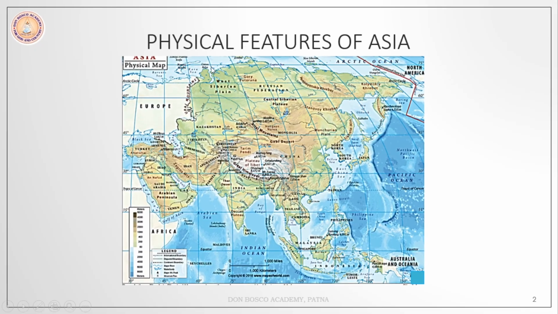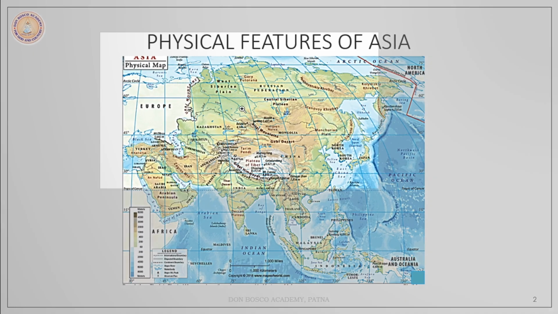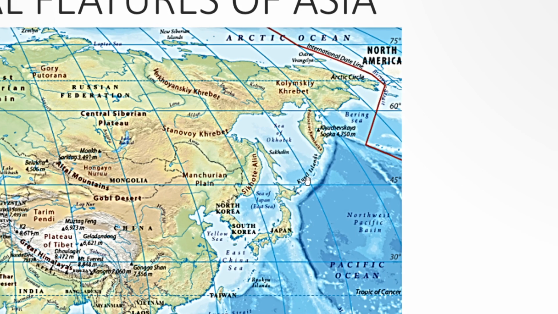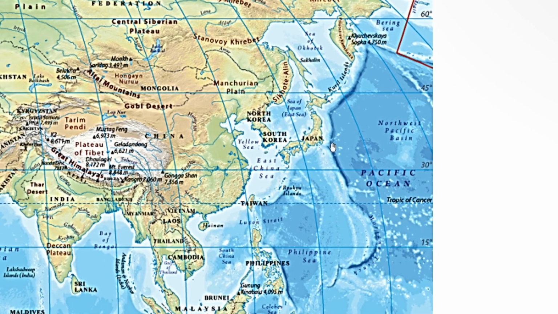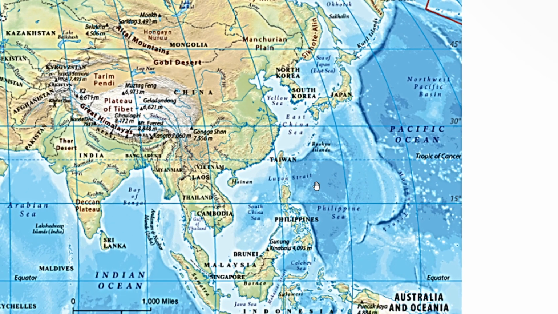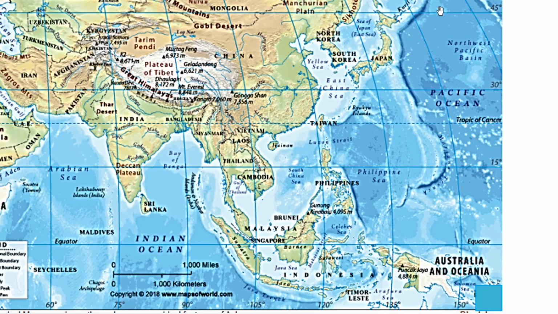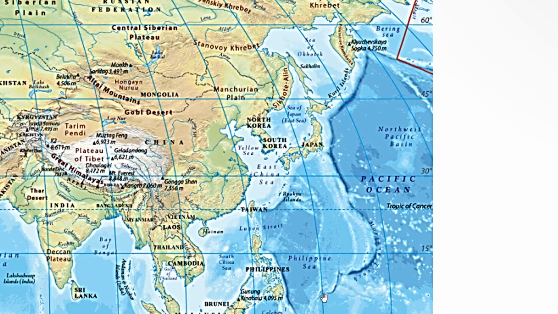Moving back to the last part of the features, which consists of the islands which are found in the eastern part of Asia, the southeastern part of Asia, and a few scattered islands in the Indian Ocean. These are archipelagos, that is, they are groups of several big and small islands.